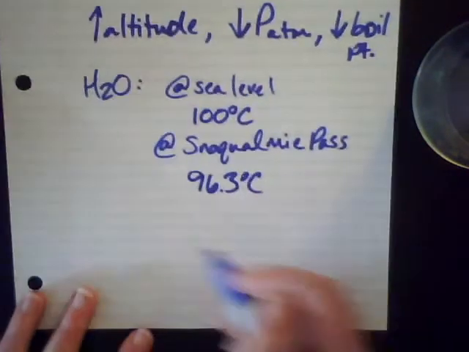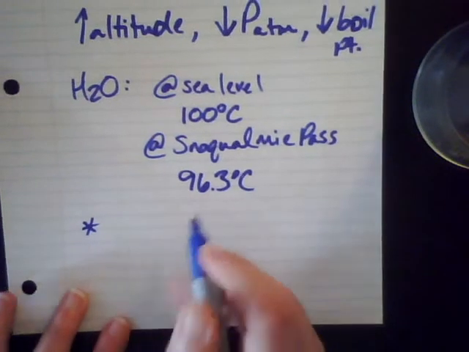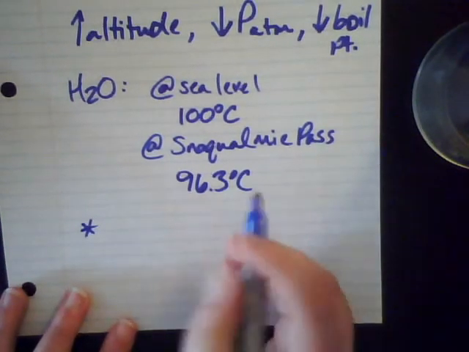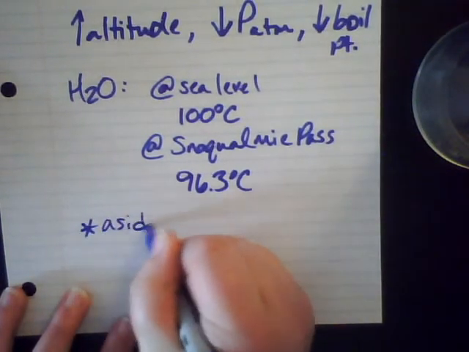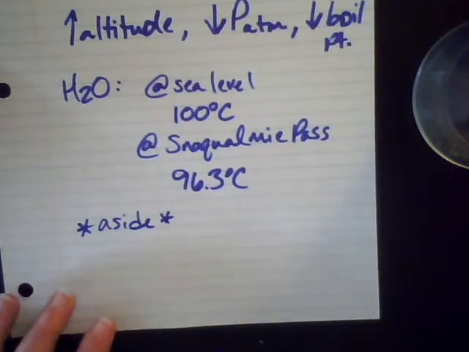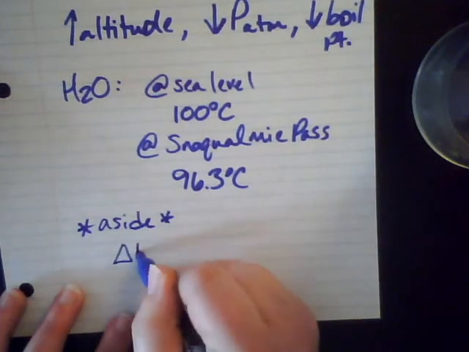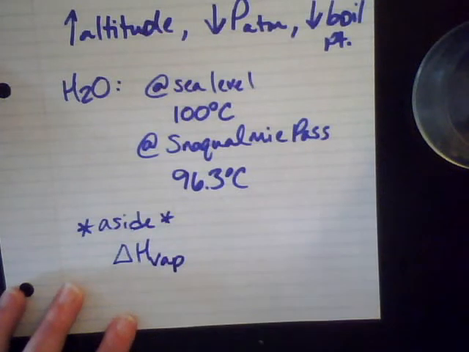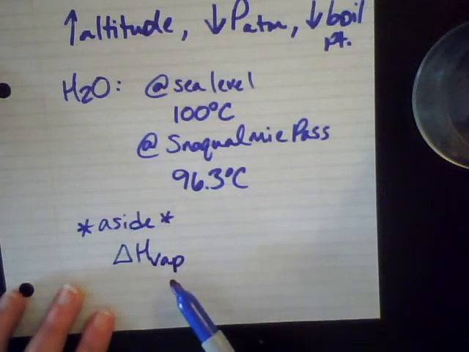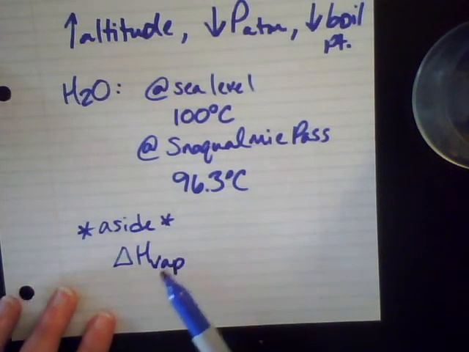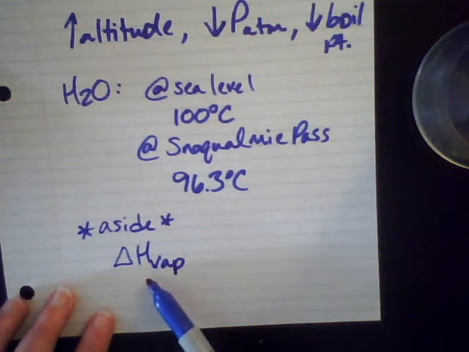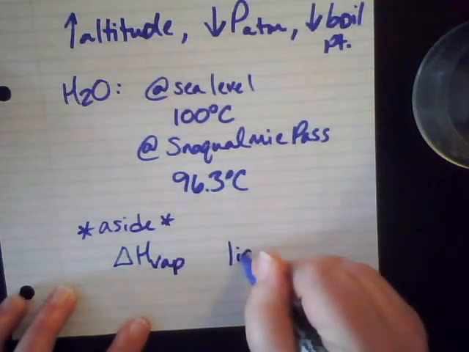Now, just as an aside, and I just wanted to put this in your notes because I think it's important. This is probably something that you know intuitively. But we talked about the different energies that go into changing phases, and we said the enthalpy of vaporization, or the heat of vaporization, is the amount of energy it takes to go from the liquid to the gas phase.